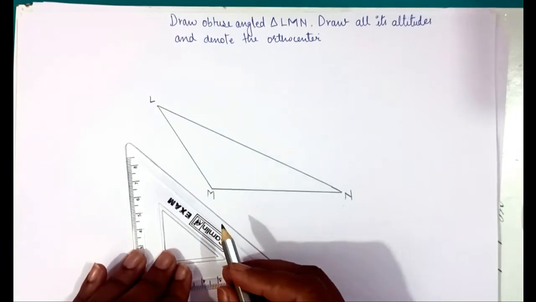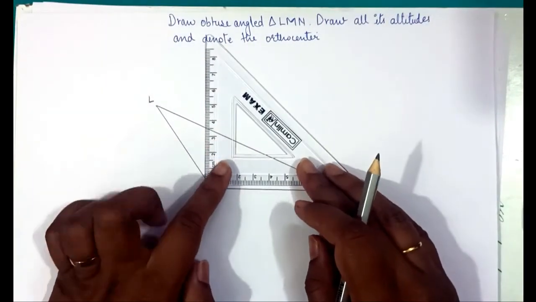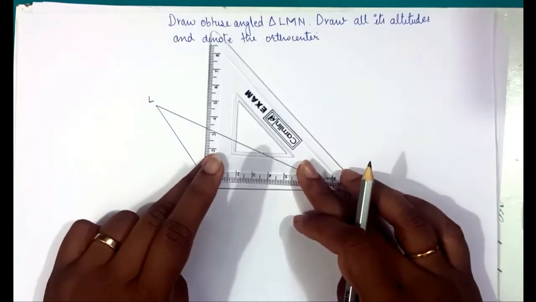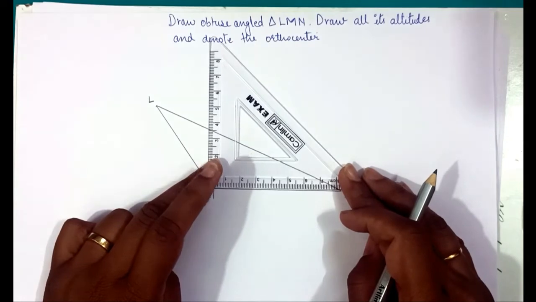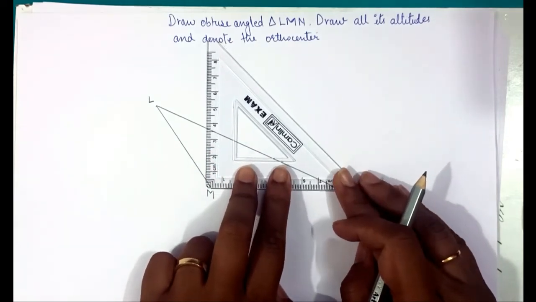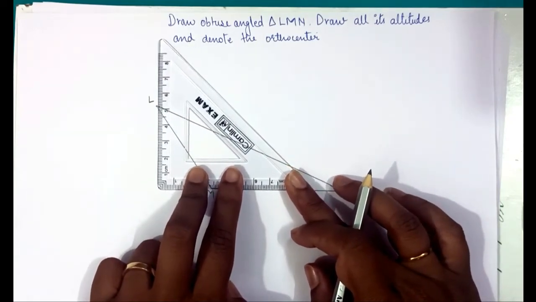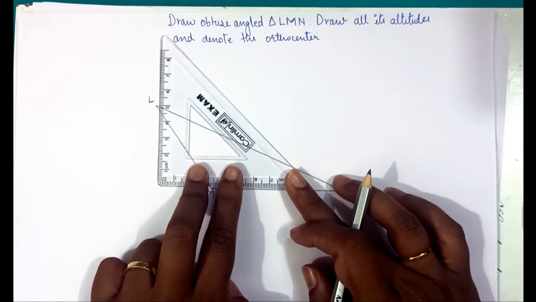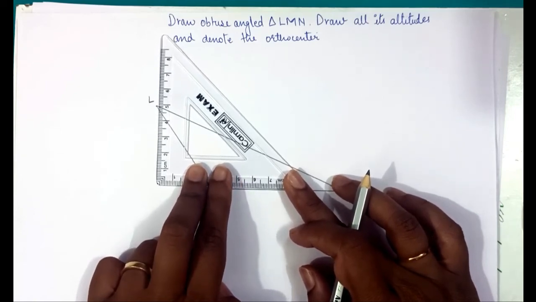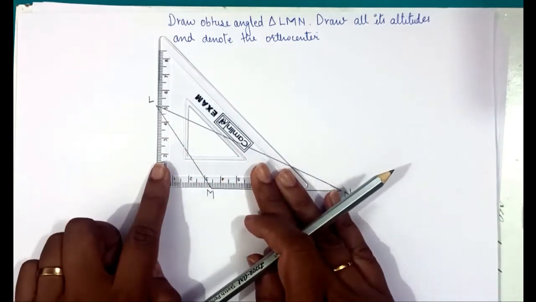First we are going to draw from the vertex L to the opposite side, which is MN. So we have to draw a perpendicular. So we will go to a point where we meet vertex L. If you observe, children, we have to extend MN. Okay?